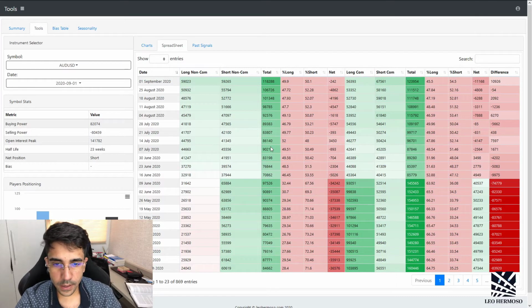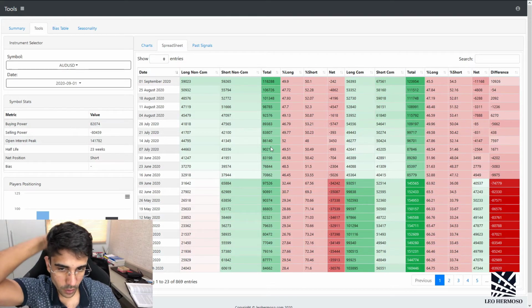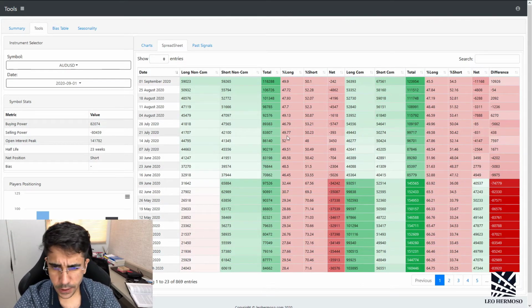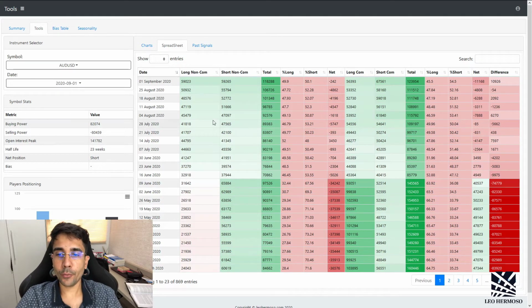Friends, AUDUSD is even more interesting than NZDUSD because, different from its brother the NZD, what we are seeing here is, let's say since the 16th of June, an increase in open interest. Just one month that we didn't see.